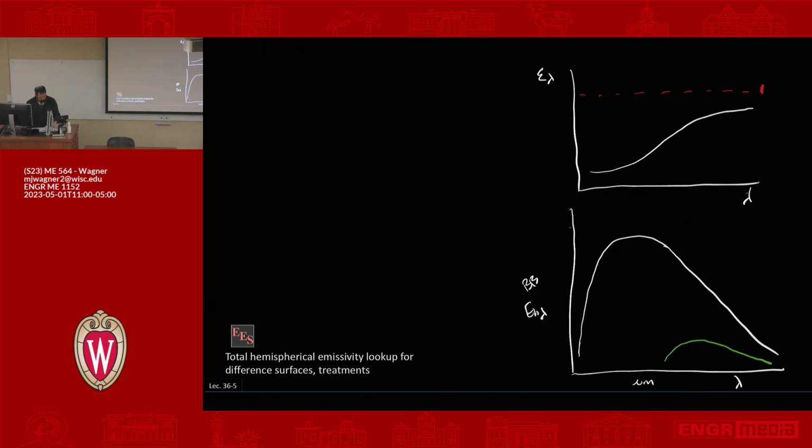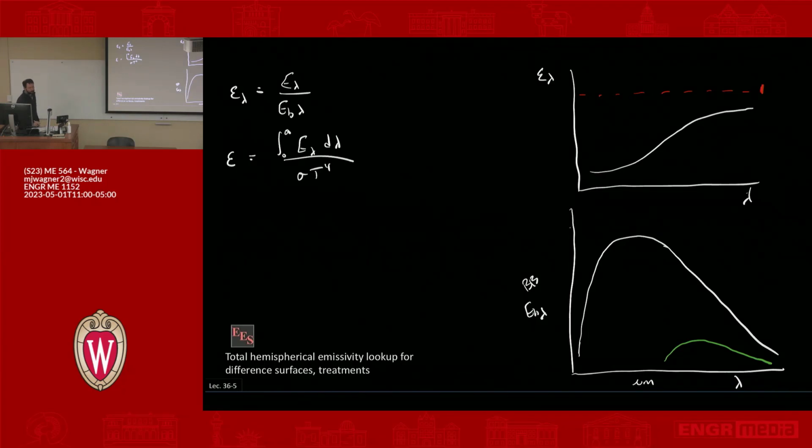So the way that we would do this is simply to say that, okay, we had our equation. Epsilon is defined as E lambda divided by E_B lambda, which, if we then integrate, we can write as the following, which we had on the last slide: integral from 0 to infinity of E lambda d lambda divided by sigma T to the 4th.